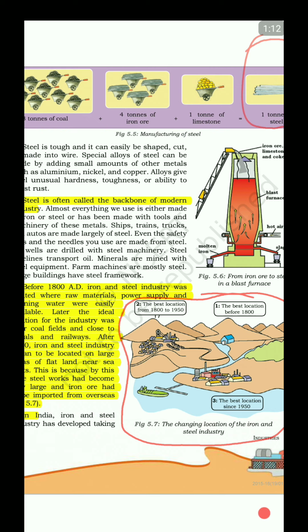Later, we see how the role of the coal decreases because with the development of hydropower and electric arc furnaces, the ratio of the coal and iron ore changes to 1:2. Earlier it was 8:1, and industries in this phase as a result went towards the iron ore mines so as to decrease the transportation cost, right?